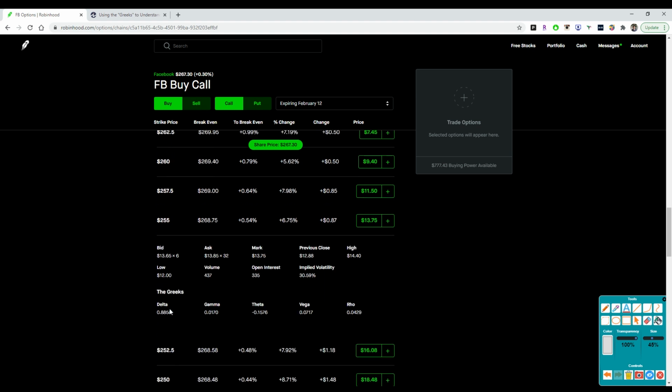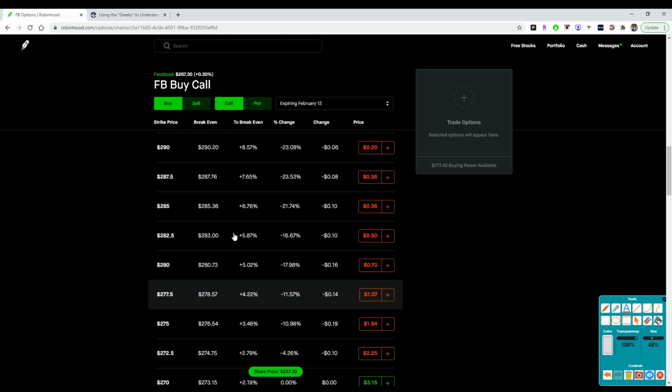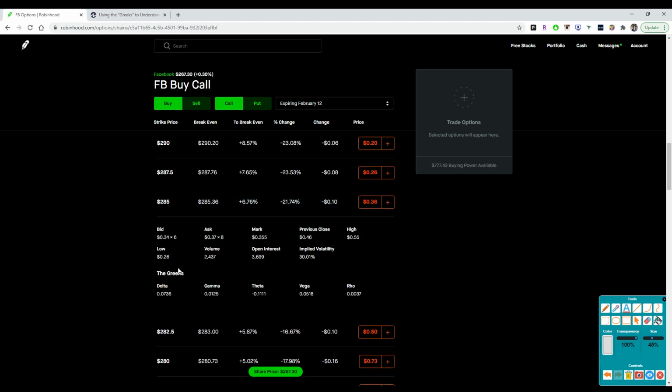So as you go deeper in the money, there's less time premium, and your option becomes more and more heavily weighted on the delta side. If you go out of the money, you can see that delta is significantly lower. This $285 call has a delta of only 7 cents. So if Facebook jumps up $1, you should only see this option increase by 7 cents.